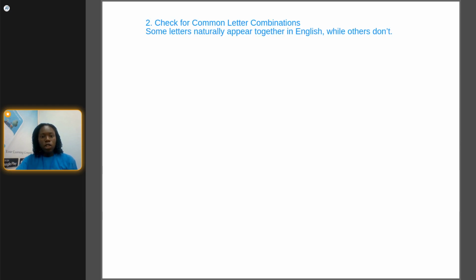Point number 2, you're checking for common letter combinations. And what does that mean? It means that there are some letters that naturally appear together in the English language, while some others do not.